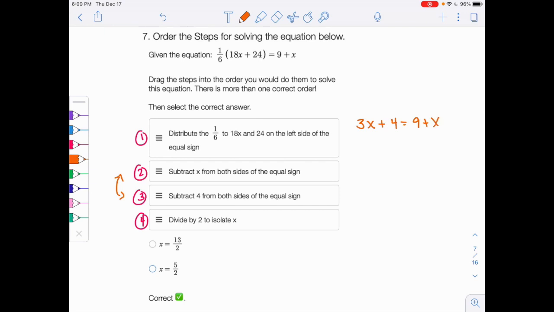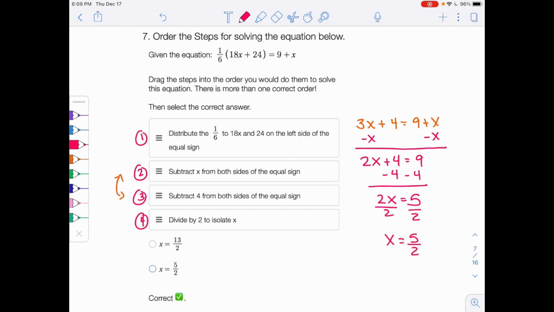And then again, you have some options. I would subtract x from both sides, but you also could have subtracted 4 first. If I then subtract 4, like my order says, x is 5/2.